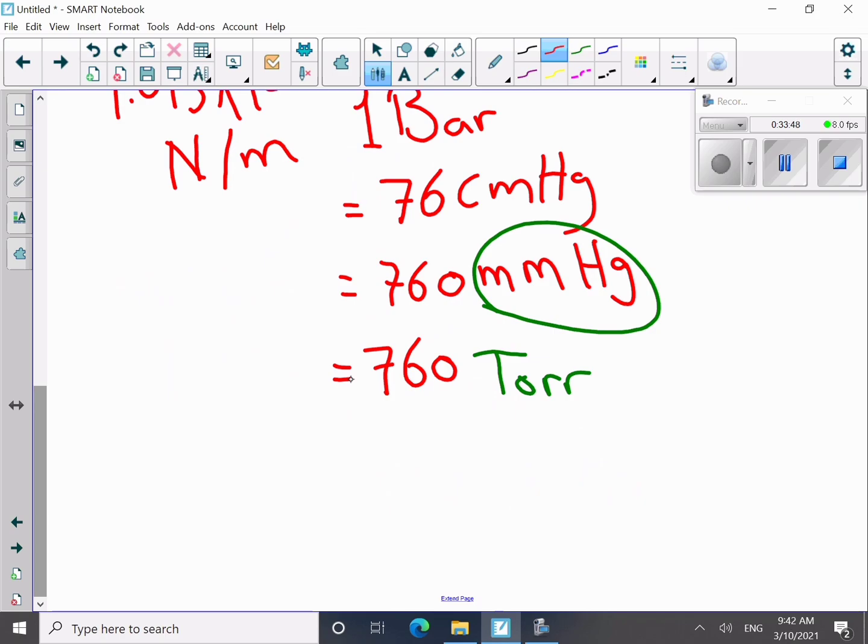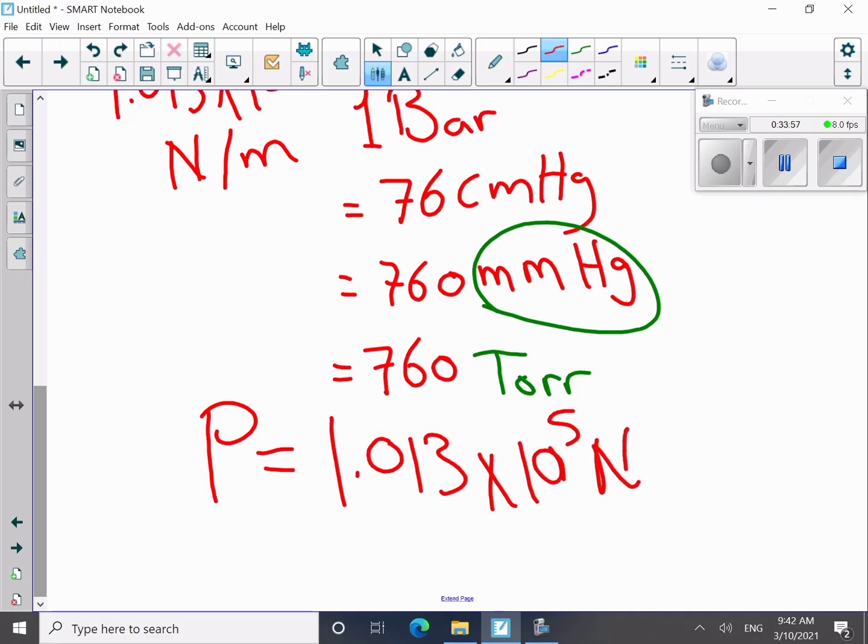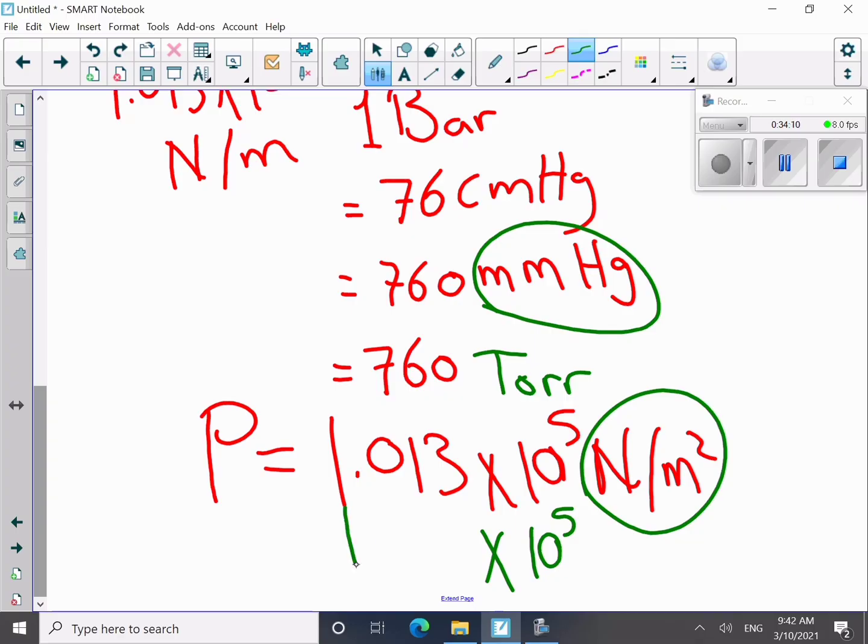The value of 1.013 by 10 power 5 Newton per meter square can be symbolized by replacing Newton per meter square by the word Pascal.